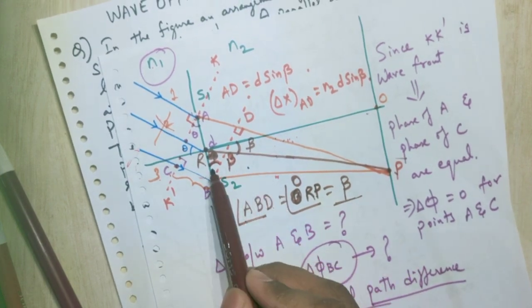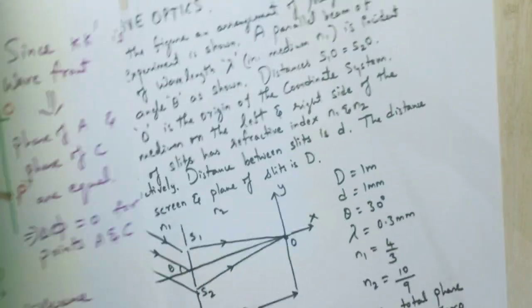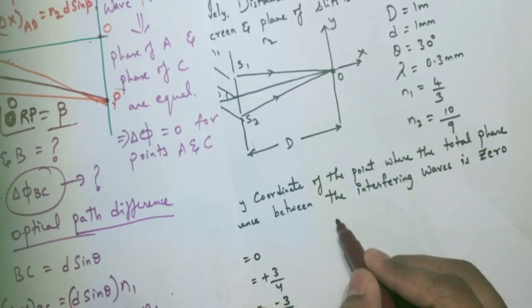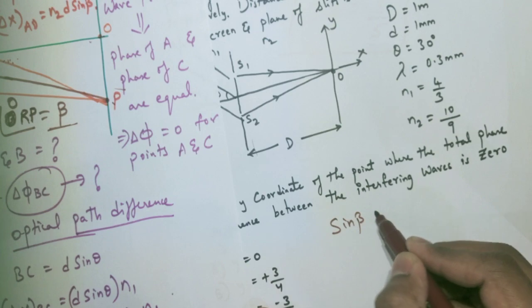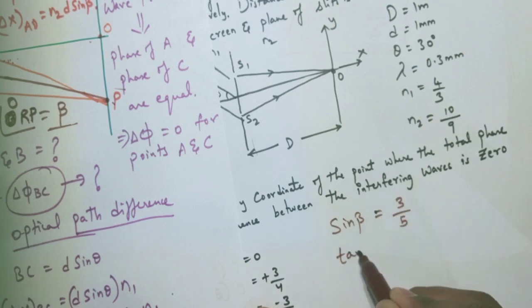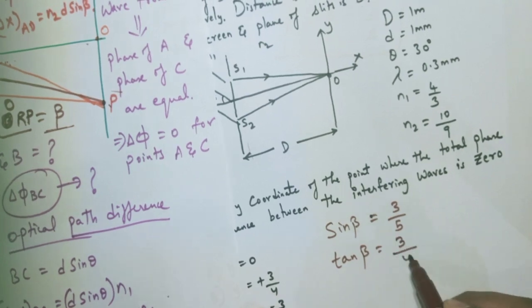From that argument, we can say that this angle and this angle beta are the same. From this figure we can find out what tan beta is. We already found out that sine beta is equal to 3/5. From here we can easily find tan beta, which is sine beta by cos beta, equal to 3/4.